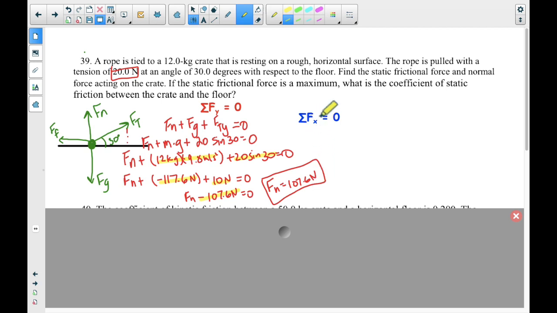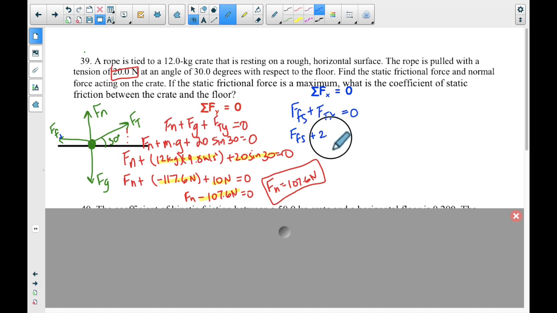Now we need to talk about the sum of the forces in the x direction. If we look at our free body diagram, in the x direction we have a frictional force, and it is static, so we can put a little s there. So this is static friction, and then we need the force of tension in the x direction, and those will add up to be 0. The frictional force is what we're solving for. The x component of the tension would be adjacent, so that's going to be cosine.